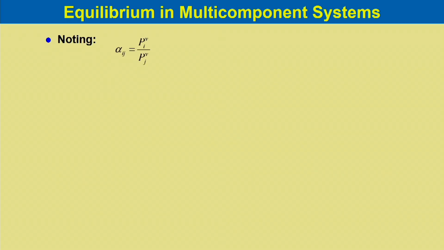Now, if we define alpha ij is equal to Pi^v divided by Pj^v.